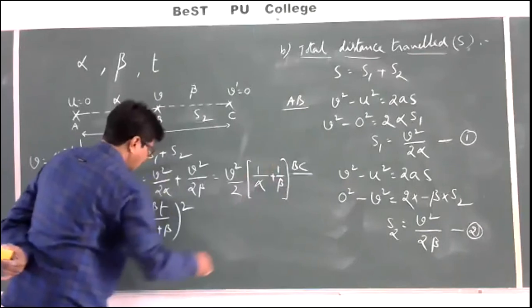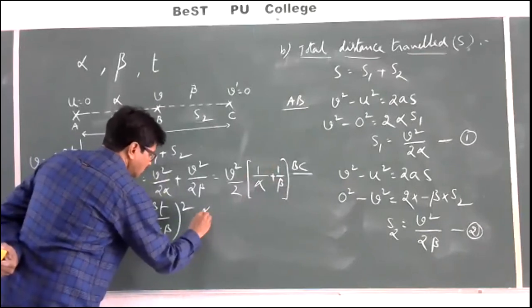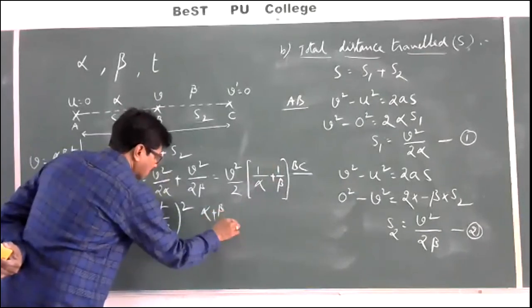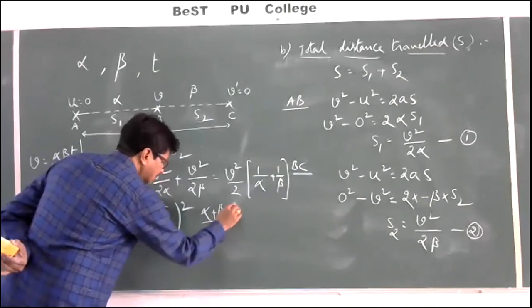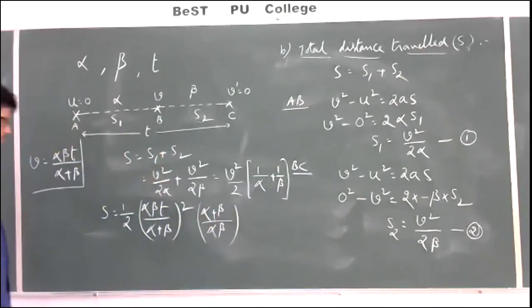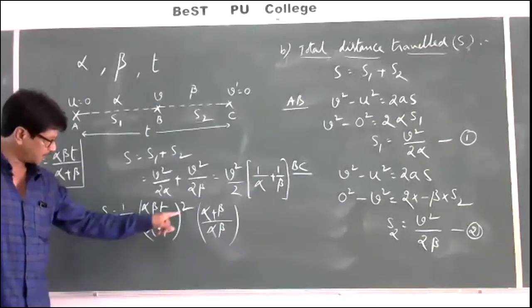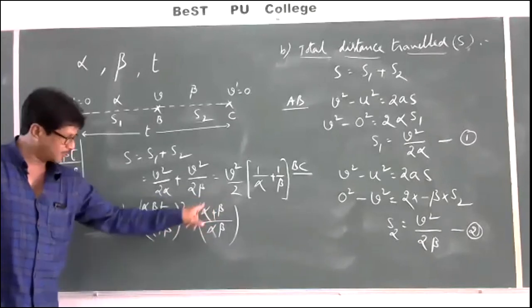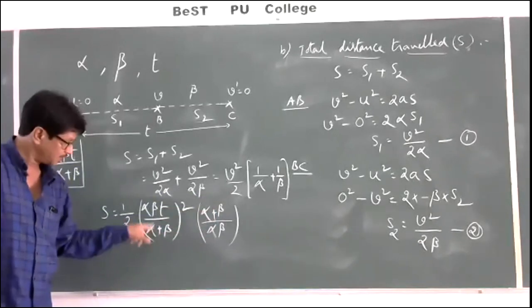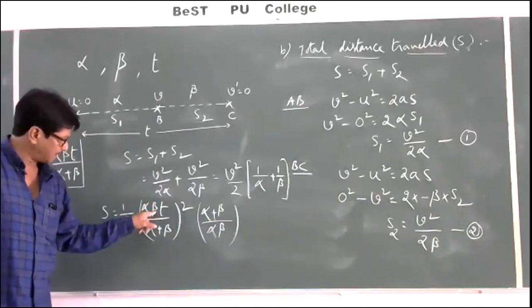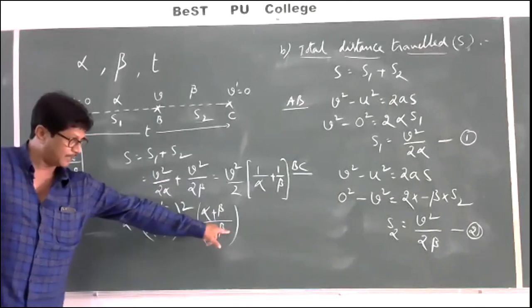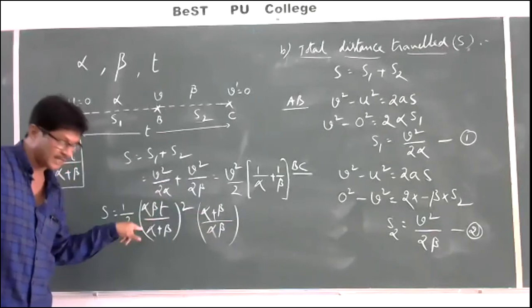Now you take the LCM of this. If you take the LCM, again we will get alpha plus beta by alpha beta. Here whole square, so alpha plus beta whole square. Here one alpha plus beta cancels. Here we'll get alpha square, beta square, t square. Here alpha beta is there, 1 alpha, 1 beta cancel.